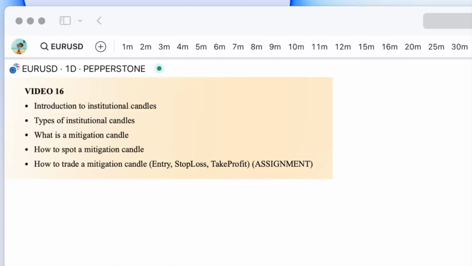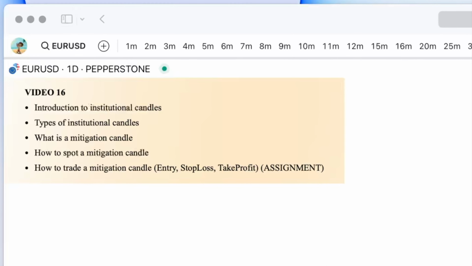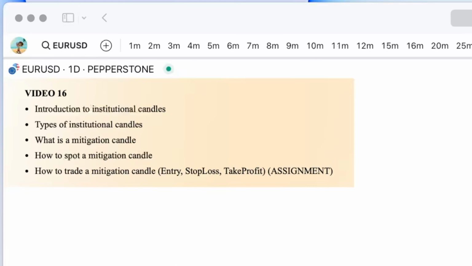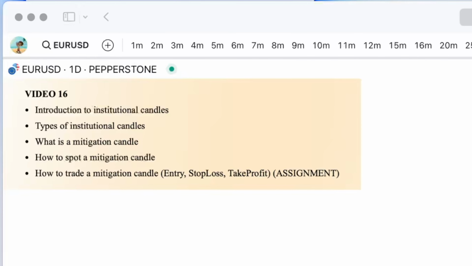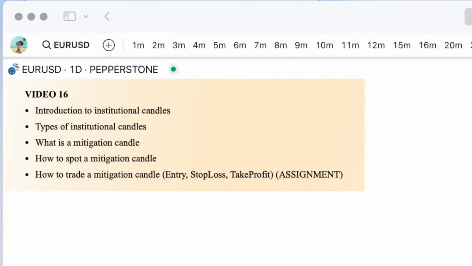I'm going to tell you what a mitigation candle is, show you how to spot it, and then show you how to trade it. What I'm trying to say is, where's your entry going to be, where's the stop loss going to be, and where is your take profit going to be?